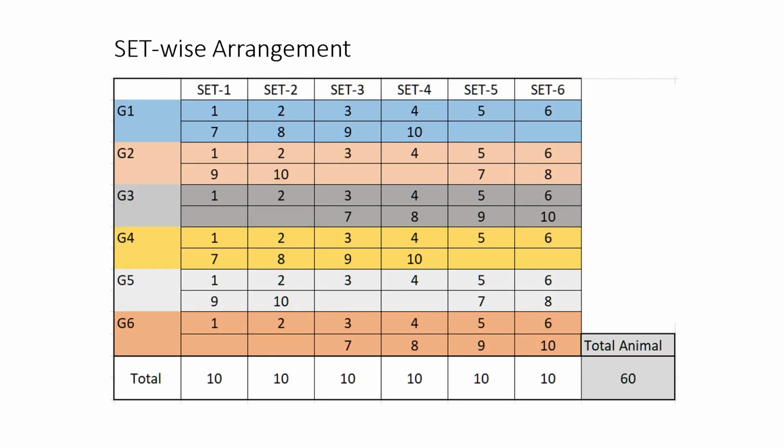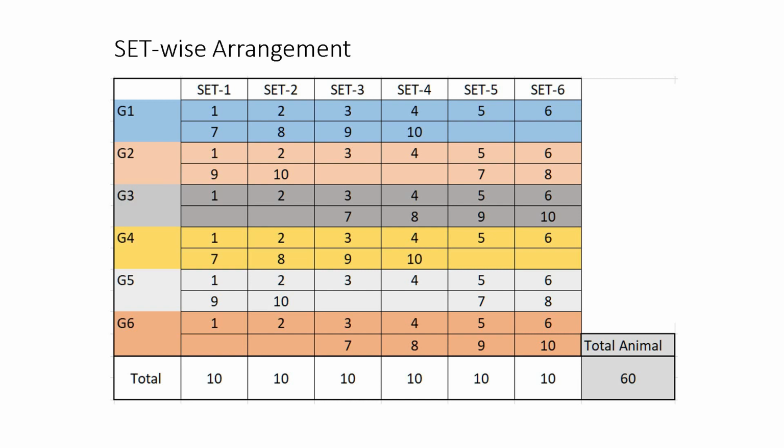Here we are going to arrange the animals set wise. When you are conducting an experiment on a large number of animals, you have to arrange the experiment set wise. It is required when the number of persons is less. So generally we divide the animals into set wise arrangements.